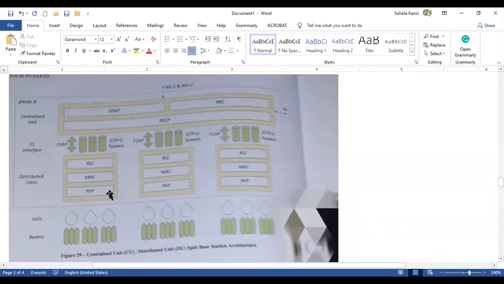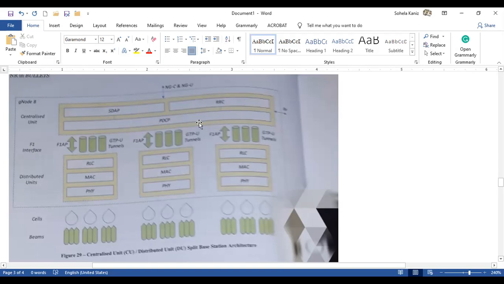See, the distributed units are implementing physical, MAC, and RLC, and central units. And PDCP you need for both control and user plane. But SDAP you need for your data user plane, and RRC you need for your control plane, right?